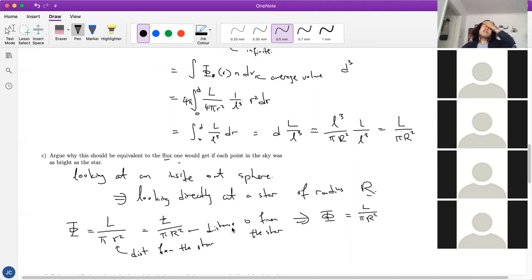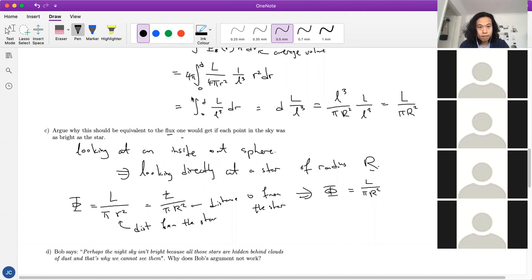So I think the best way to think about it is that the surface of the star is being plastered right on top of the sky, and you're staring right at it. It's right in front of your face, like an inside out star, and the surface is right there. Oh, okay, actually, that's not correct.